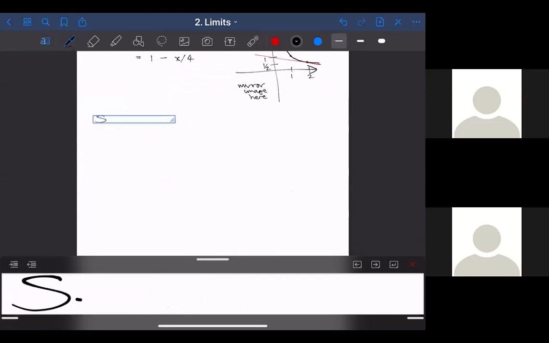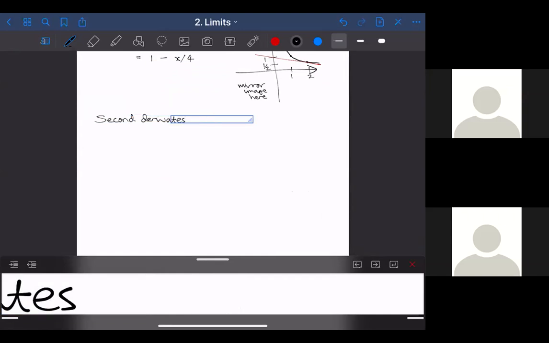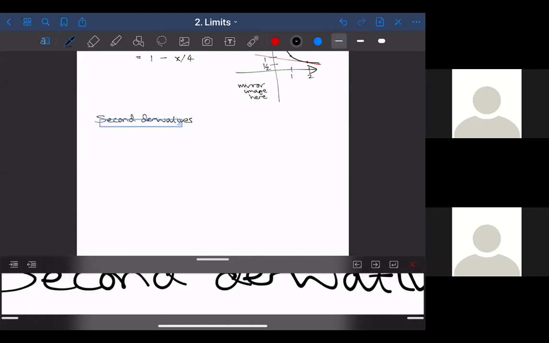So second derivatives. We have the derivative, which measures the slope of the graph, but we also have second derivatives, which measure the slope of the graph of the slope of the graph.